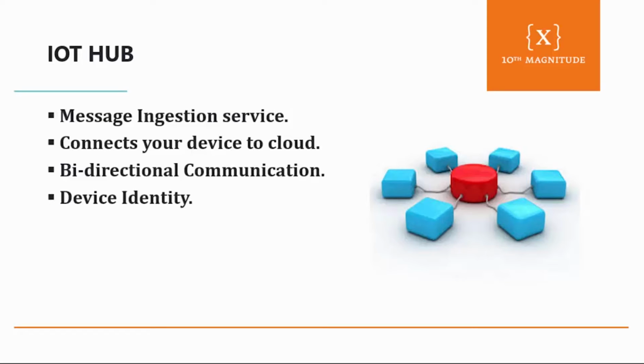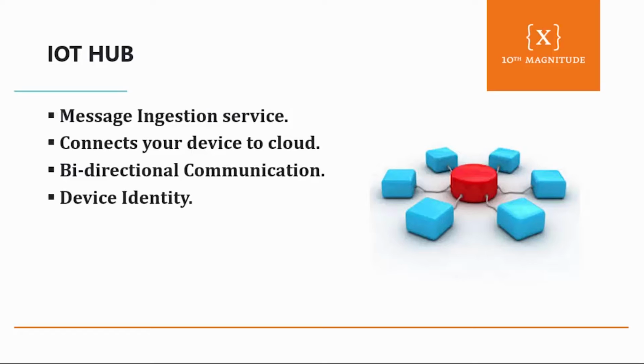And you also have device identity. Each and every device which is out there, when it connects to the cloud, should have some kind of an identity. So we know that this device has the right to connect, and it can send messages. So we provide a key and a name associated with it. I'll show you how that works in my demo.